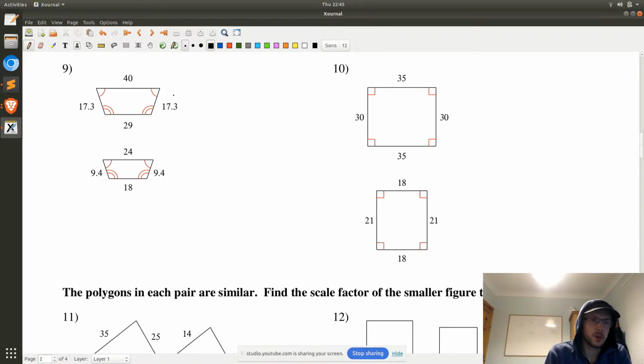And 40 and 29? No, they're not similar. That's in fact in a ratio of 4 to 3, but 40 to 29 is close.